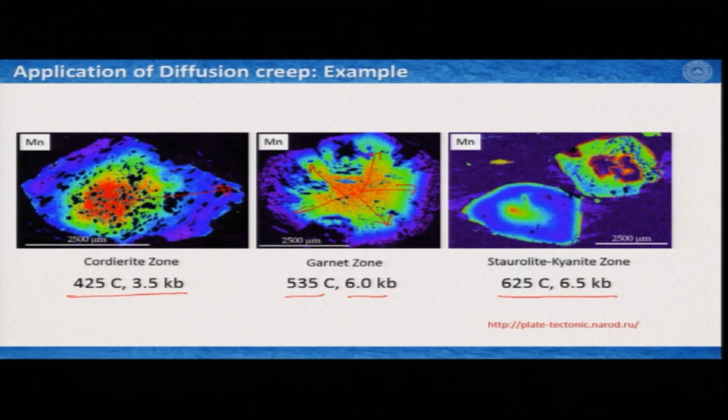So, this is how the diffusion happens. This process is extremely slow. Metamorphic petrologists in particular use it for calculating different types of geobarometry and geothermometry.